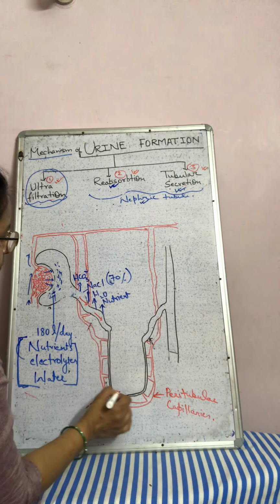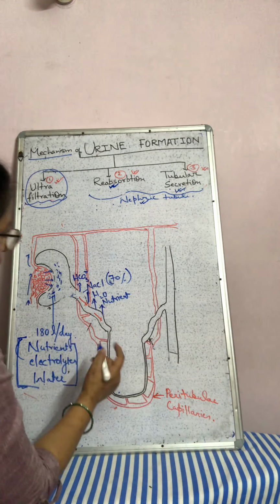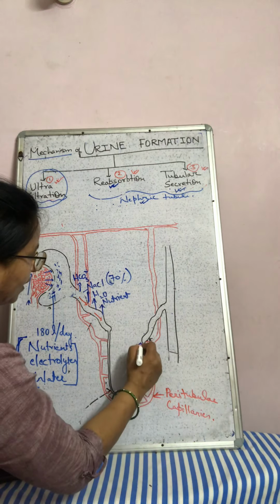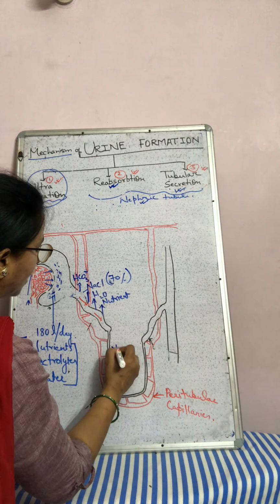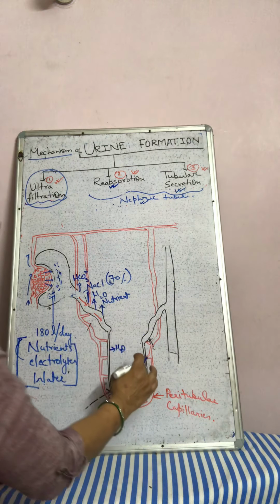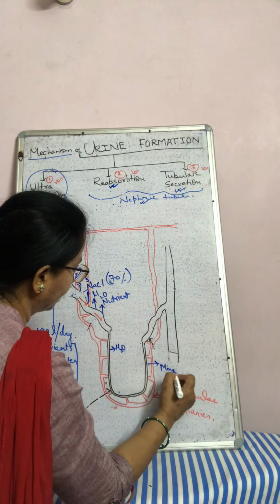passes into the loop of Henle. And what happens in the loop of Henle? The loop of Henle can broadly be divided into two parts. This one is the descending limb and this one is the ascending limb. In the descending limb, water absorption occurs. And in the ascending limb, mineral absorption occurs.